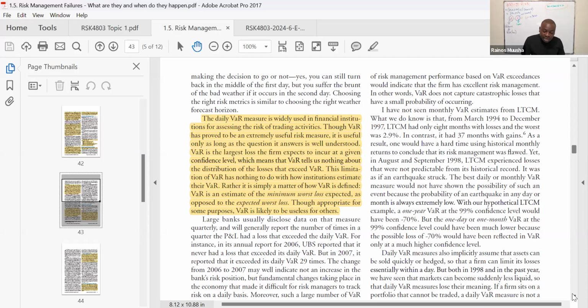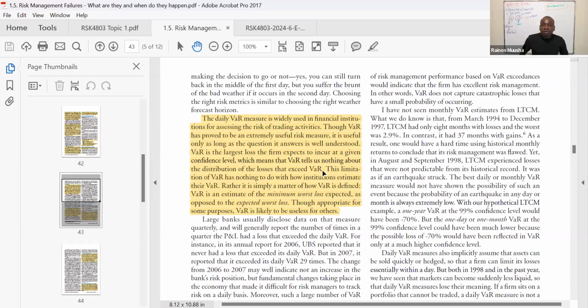Value at risk is the largest loss the firm expects to incur at a given confidence level, which means that value at risk tells us nothing about the distribution of the losses that exceed the value at risk.